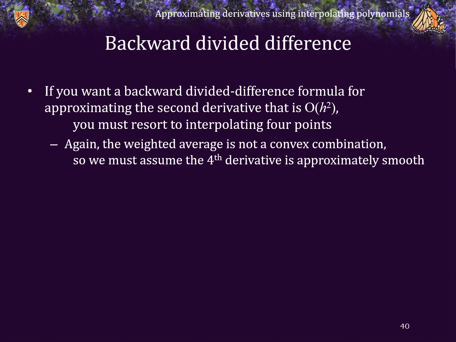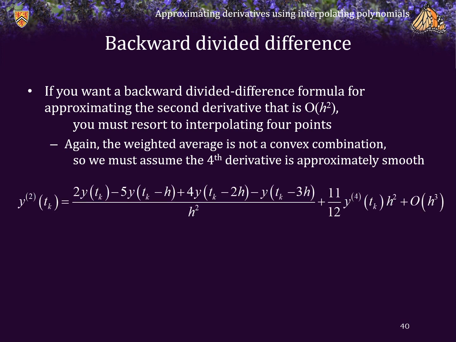So once again, we would have to assume that the fourth derivative is approximately smooth, in which case the second derivative at t sub k is approximately this linear combination of the 4 y values, and the error term is approximately 11/12 times the fourth derivative at t sub k times h squared, assuming that the fourth derivative around t sub k is approximately constant.